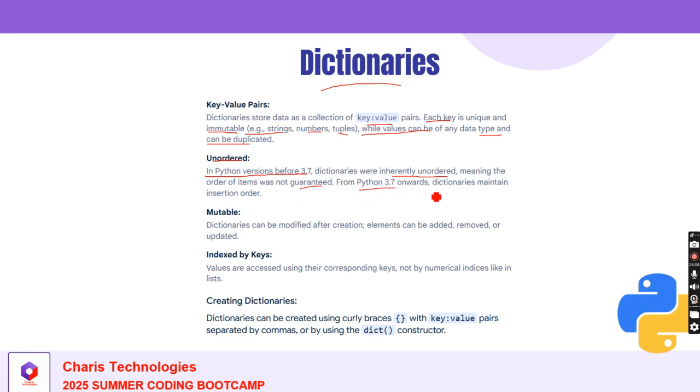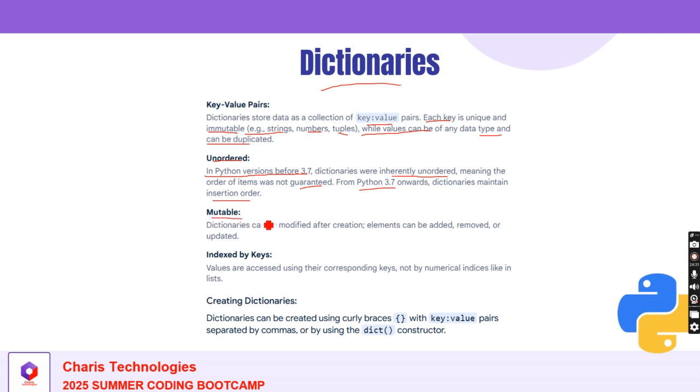But from Python 3.7, dictionaries maintain insertion order, so they are ordered actually. Meaning they can be indexed.